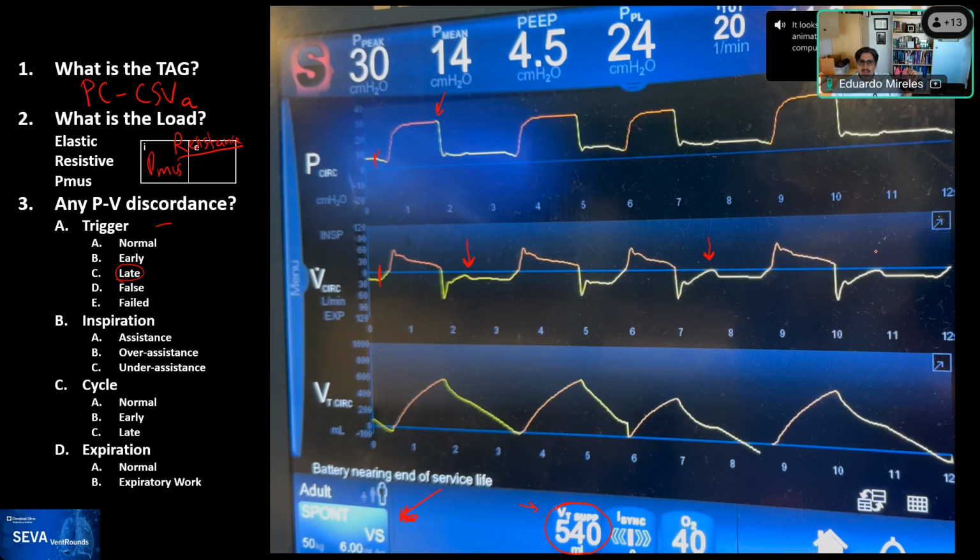Actually, one of the crazy things with this is that sometimes these algorithms may lead to either false triggers or early cycling, or they may change how the mode behaves, changing a mode from a mandatory to a spontaneous or to an IMV just by activating one of these automatic synchronization features.